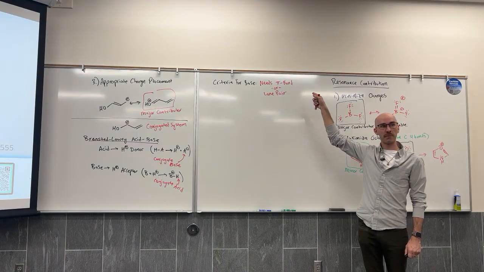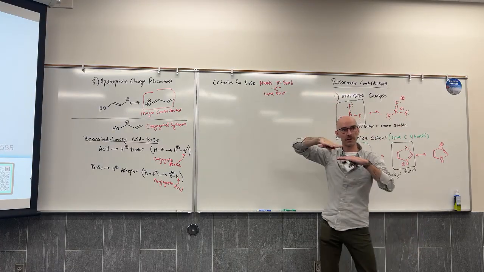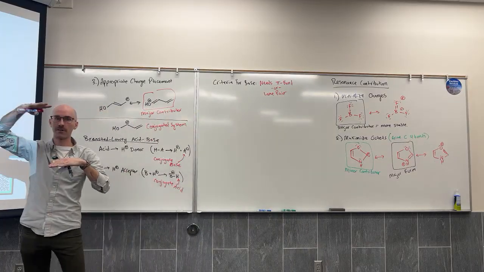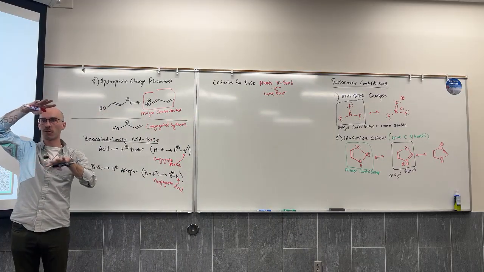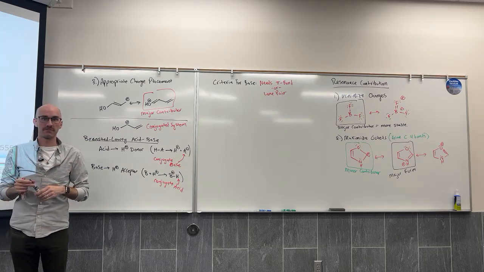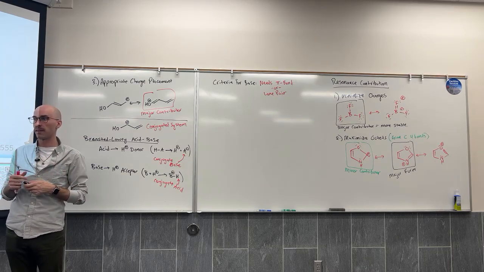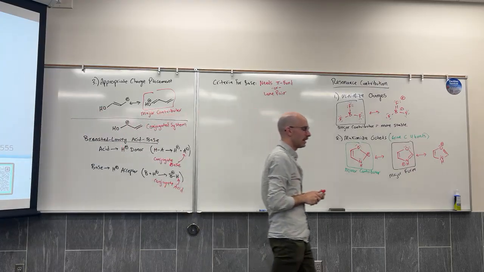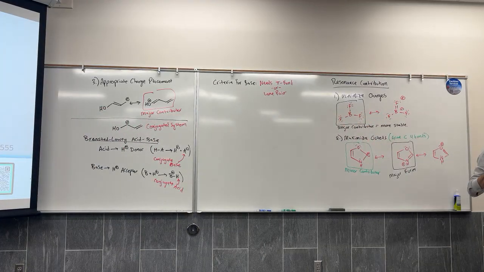Why would it donate pi bonds? Because MO theory says pi molecular orbitals are higher energy than sigma molecular orbitals. Higher energy means easier to get rid of, easier to do a reaction with. So pi electrons are higher energy. Not all lone pairs serve as good bases, though.